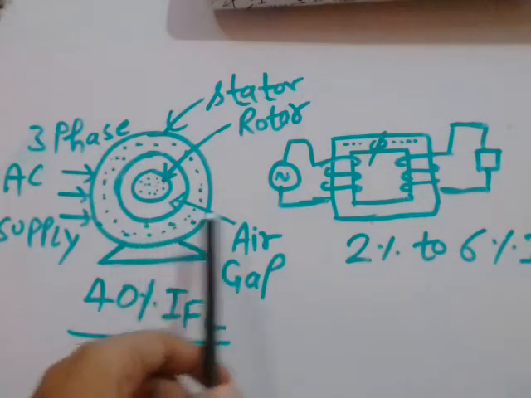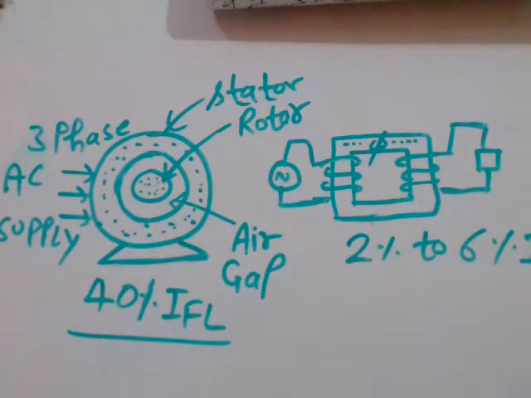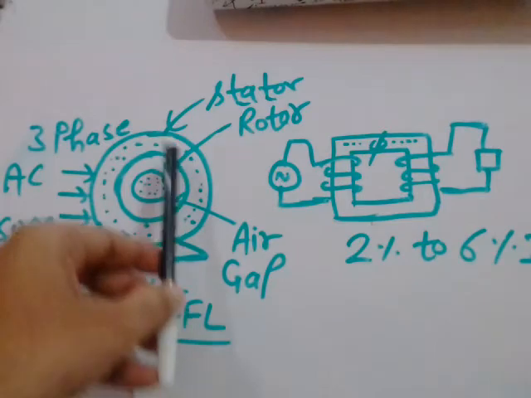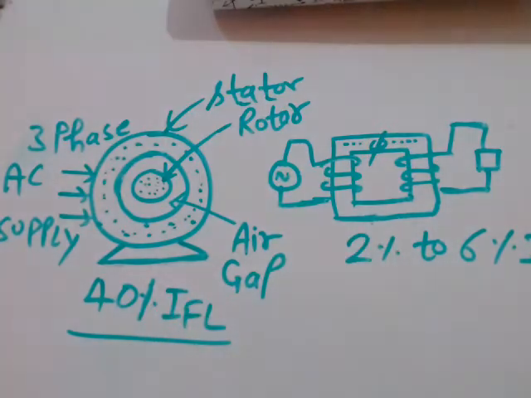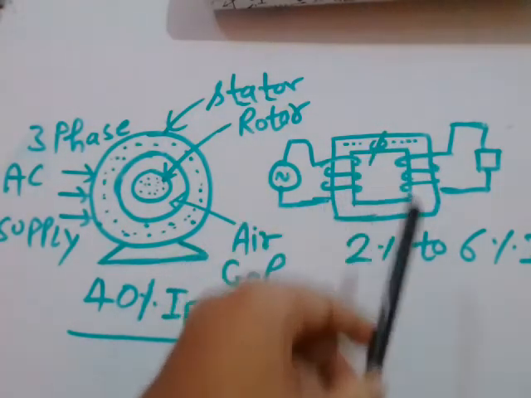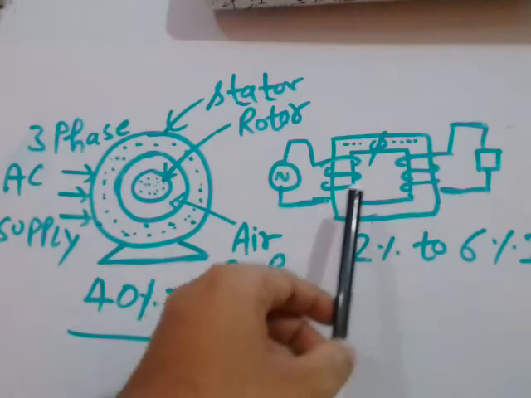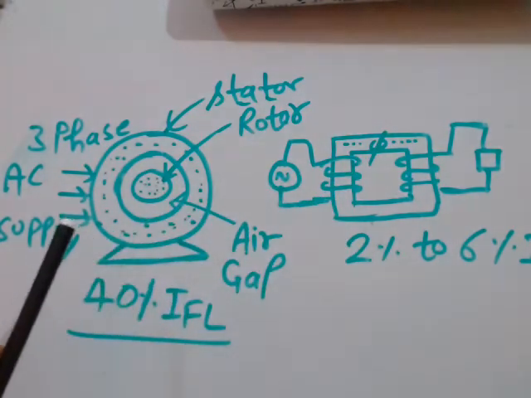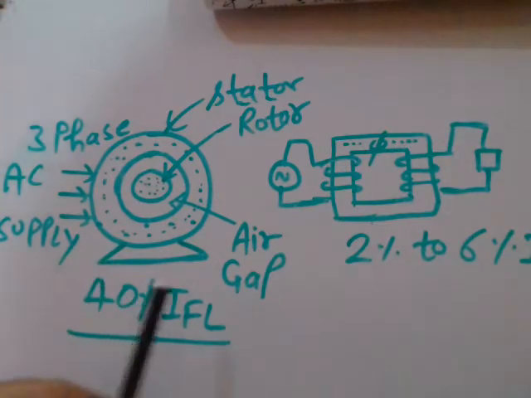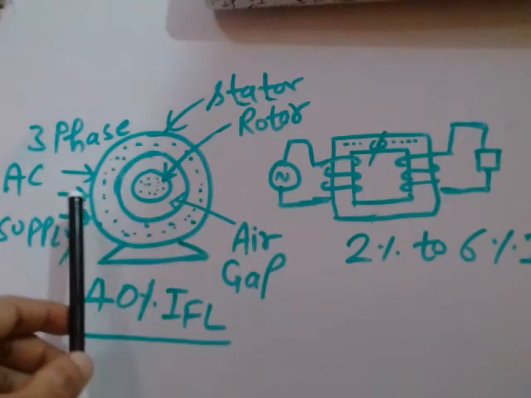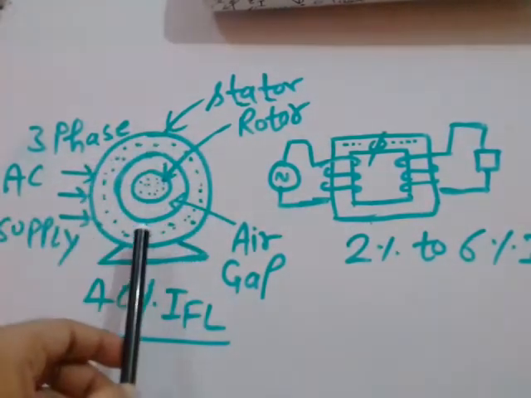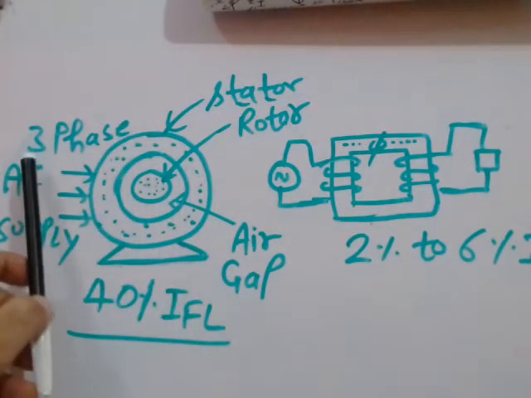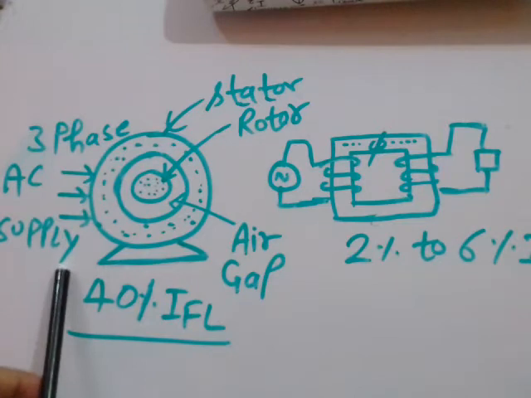Operating principle of three-phase induction motor and transformer are one and the same. That is the principle of mutual induction. So the stator winding of a three-phase induction motor is like the primary winding of the transformer. For simplicity I am drawing only a single-phase two-winding transformer, but the discussion is equally applicable to a three-phase transformer. So the primary winding of the transformer is like the stator winding of the three-phase induction motor, because you provide AC supply to the stator winding.